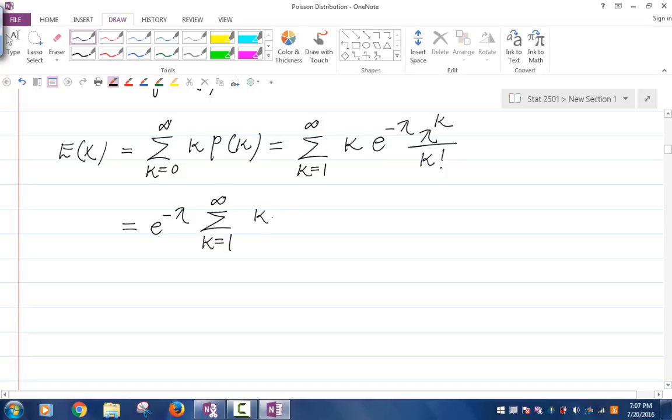Notice that I have k lambda to the k. In the denominator I have k factorial, which I'm going to write as k times k minus 1 factorial, and then k will cancel out.